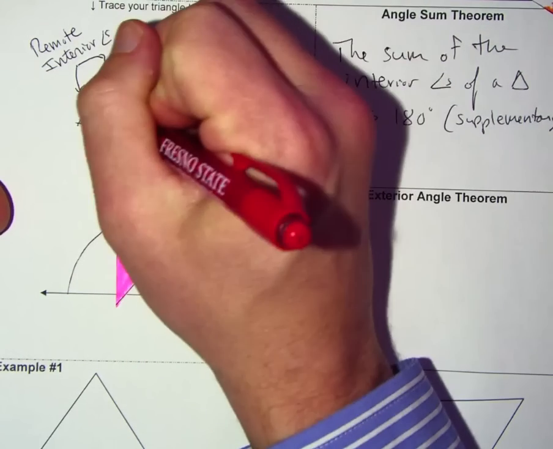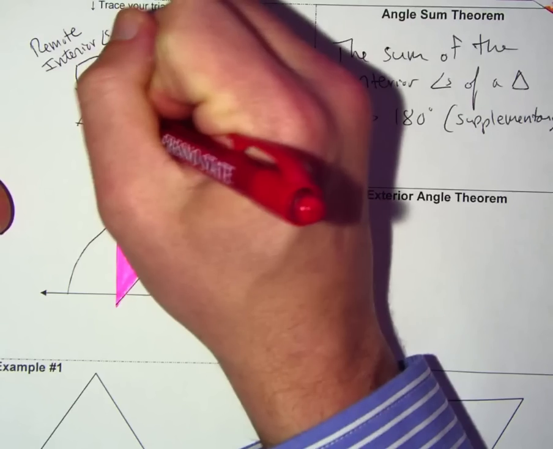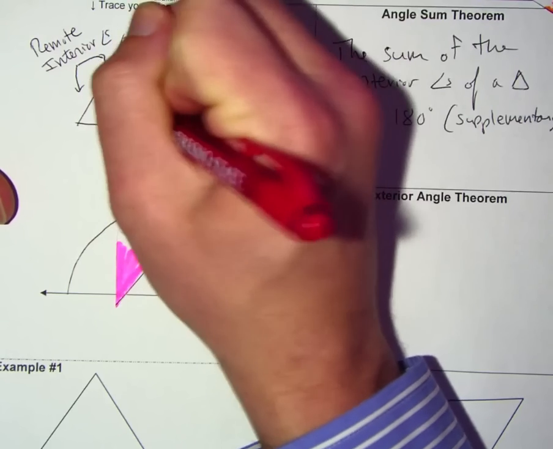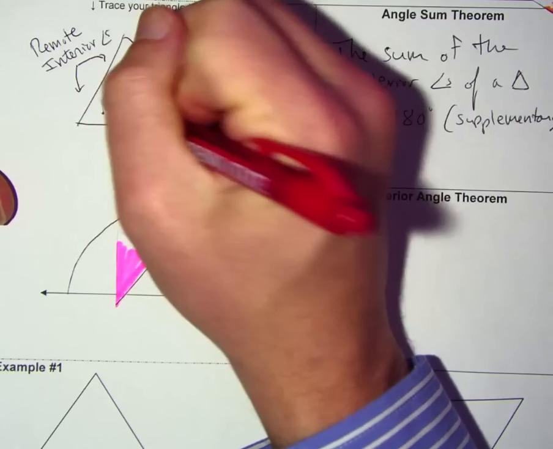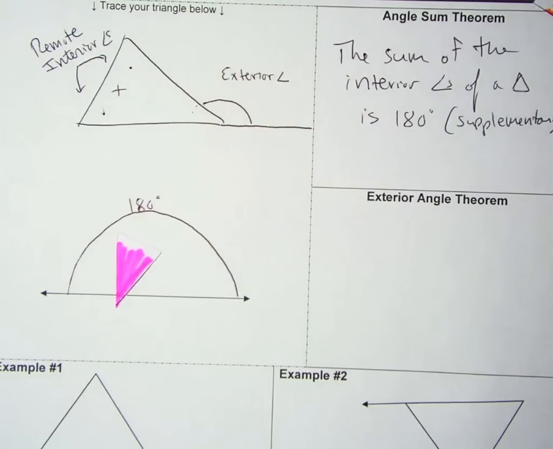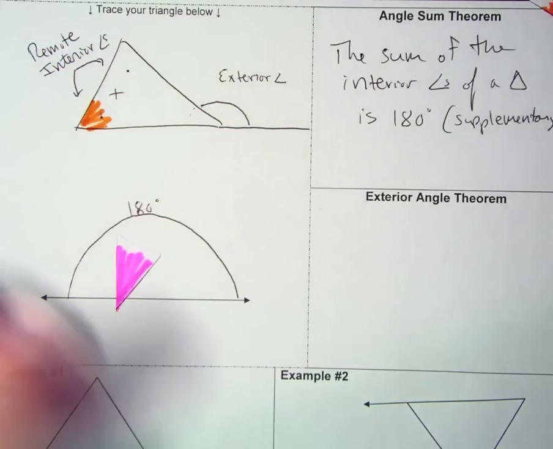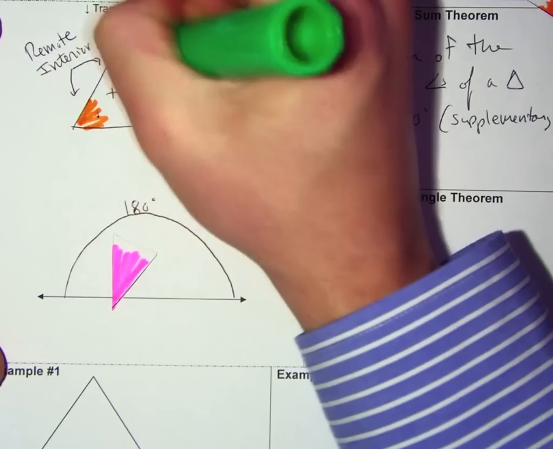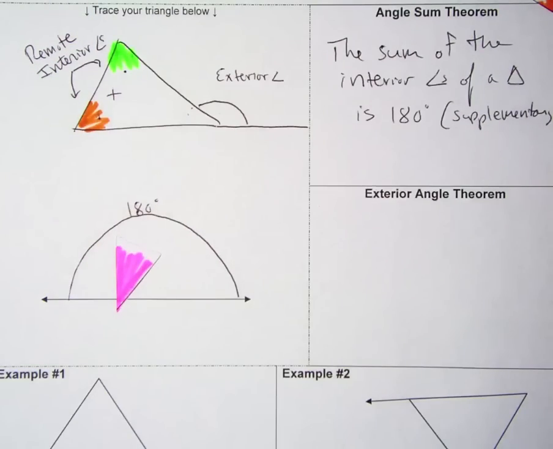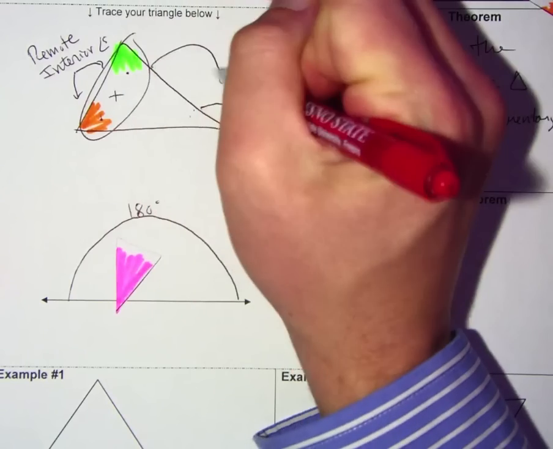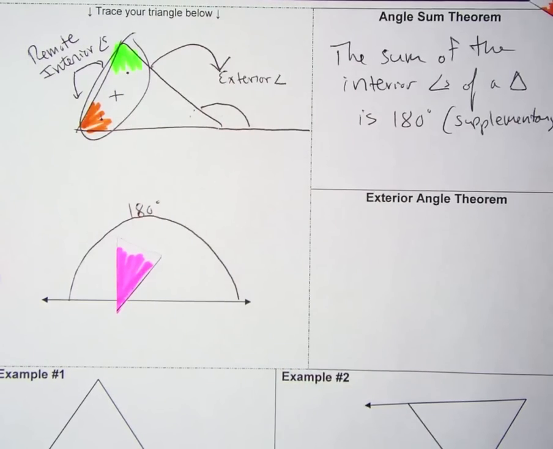And so basically, this angle here plus this angle here is equal to the exterior angle.